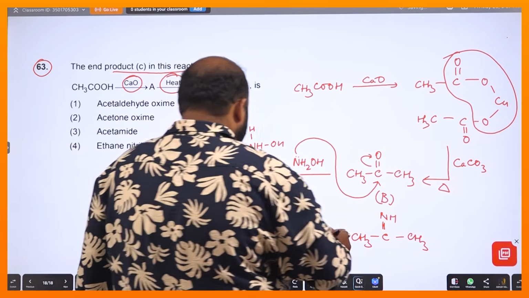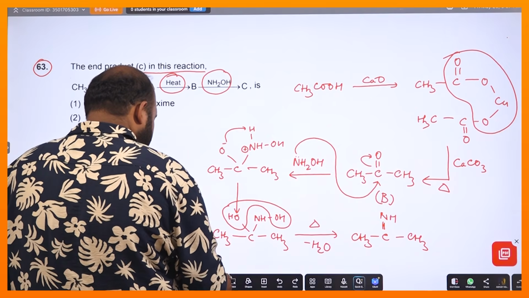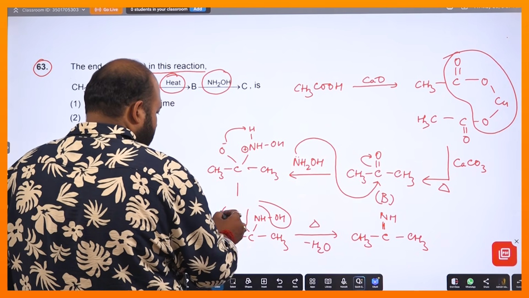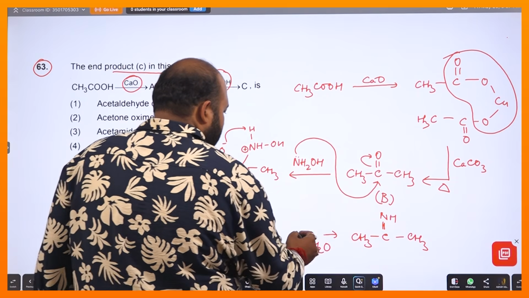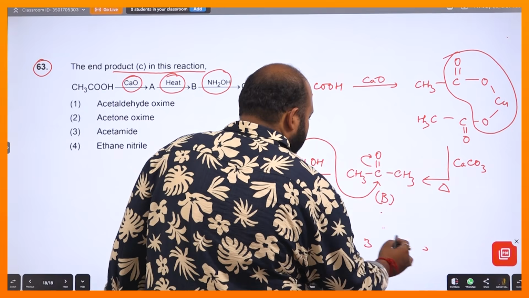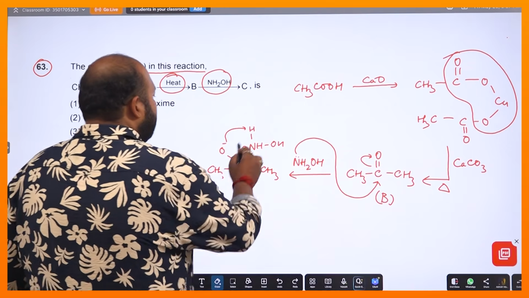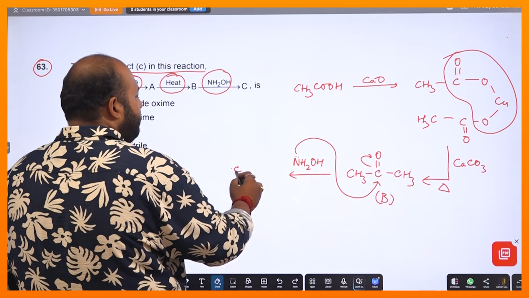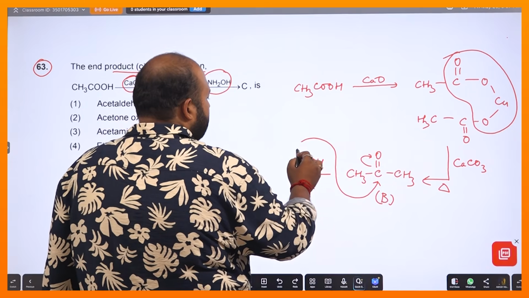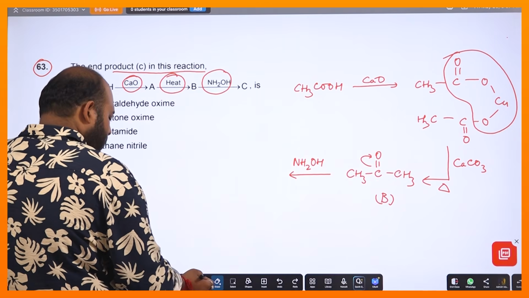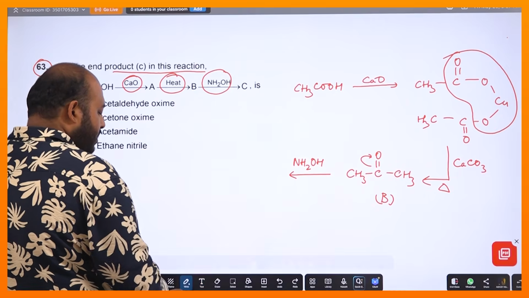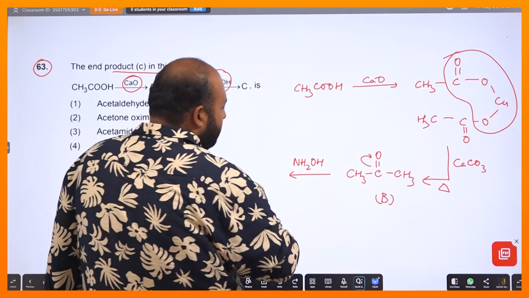So you can do a much simpler case. If you have any problem with understanding this part, let us simply take this.